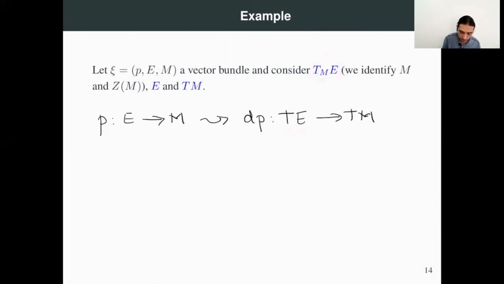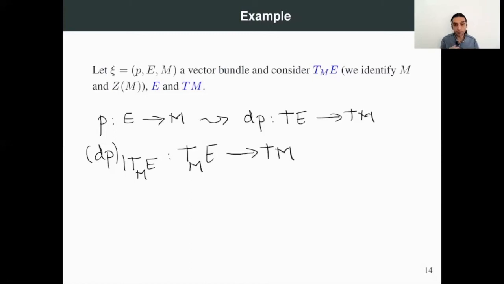Okay, so in this way, we get the restriction of the differential to the tangent space of E at the points of M, which is just a map between the tangent space of E at M and the tangent space of M, right? And this is indeed a morphism of vector bundles.